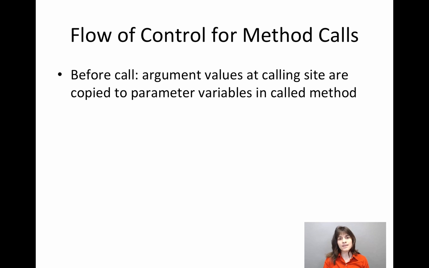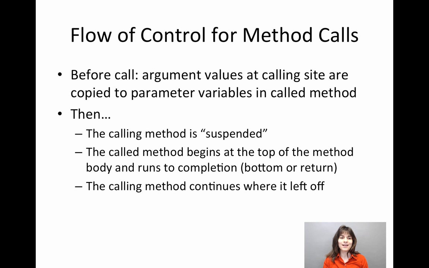Before the call, the argument values are copied to the parameter variables, like we said. Then the calling method is suspended. The called method begins execution at the top of the method body and runs until the very end, the return point. And then the calling method catches up from the point where it has stopped.